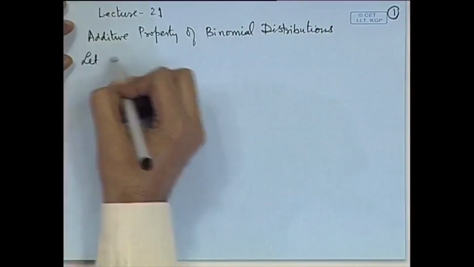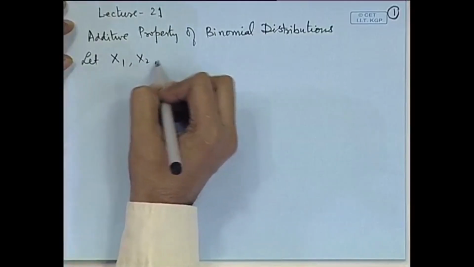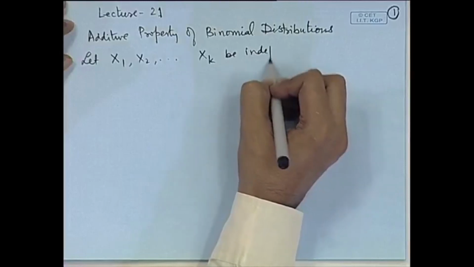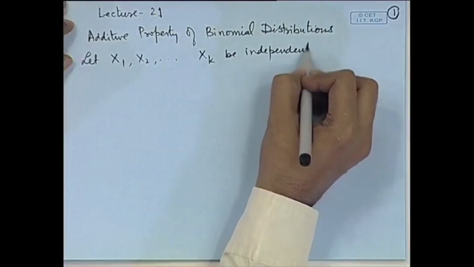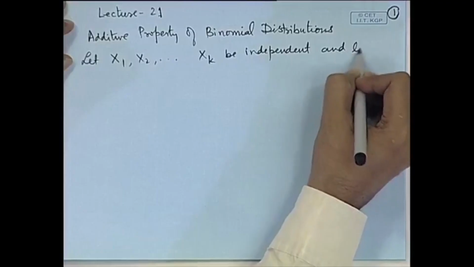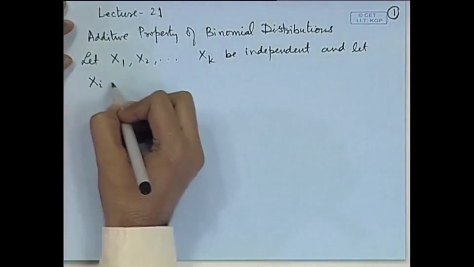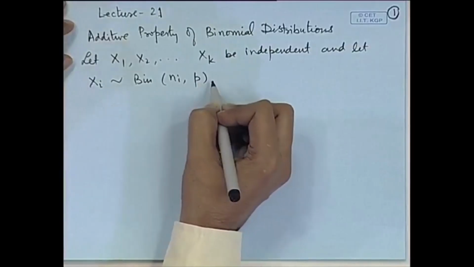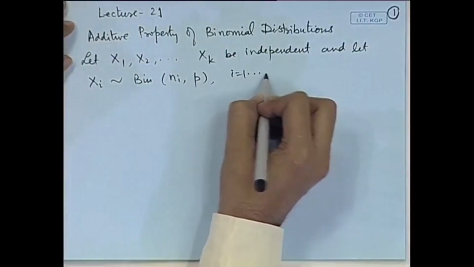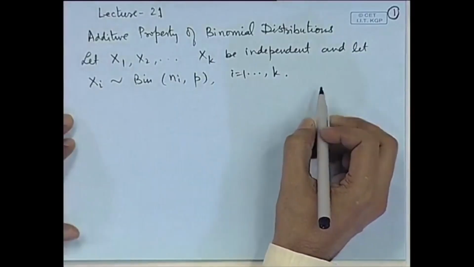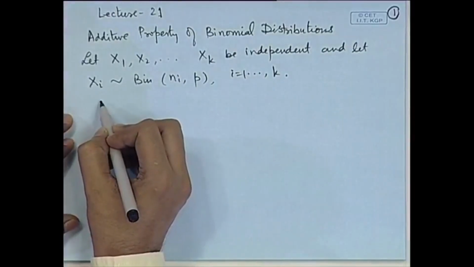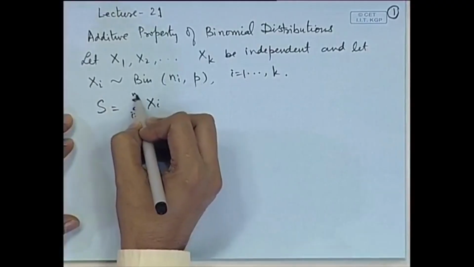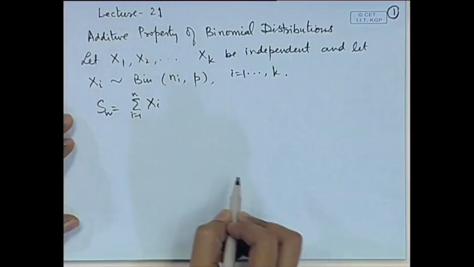Let X1, X2, ..., Xk be independently distributed random variables, and let Xi follow a binomial(ni, p) distribution for i equal to 1 to k. I am interested in the distribution of S, that is, the sum of the Xi, which we can call Sn.